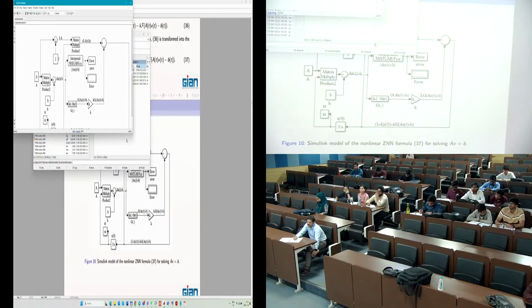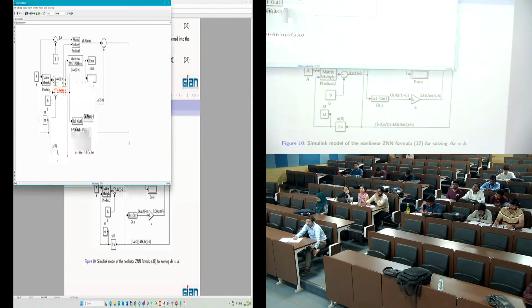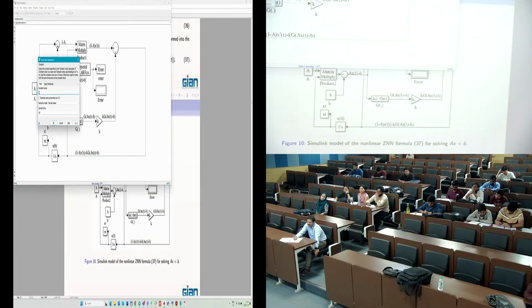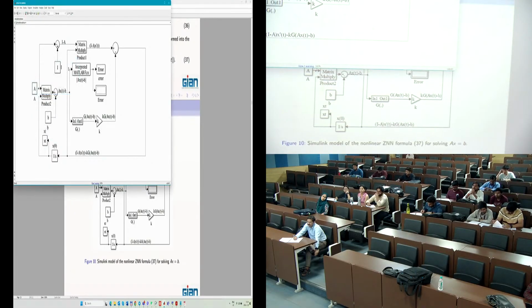I found many Simulinks. A should be defined. Here is the integrator, 1 by s, the well-known notation for integration.